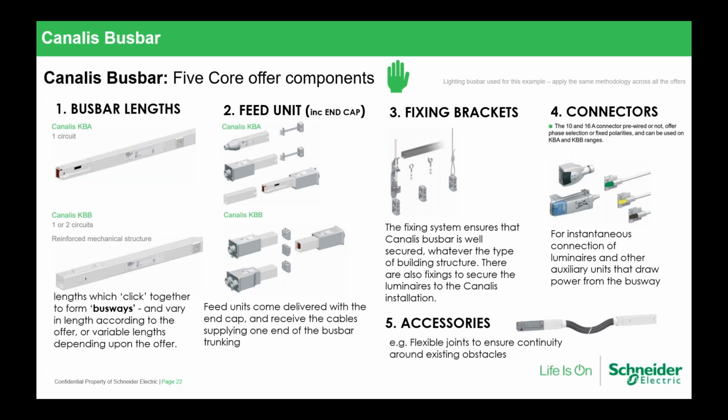All these kinds of accessories, you will find in the catalog. This slide is just to share with you the fact that we have five core components you need to have in mind when you choose a busbar. That's why I put the hand, just to keep this in your mind.